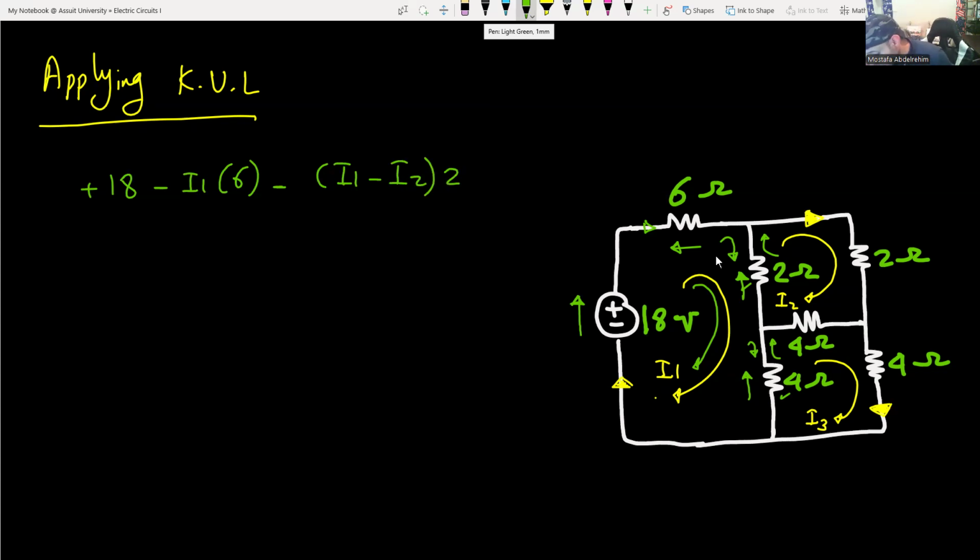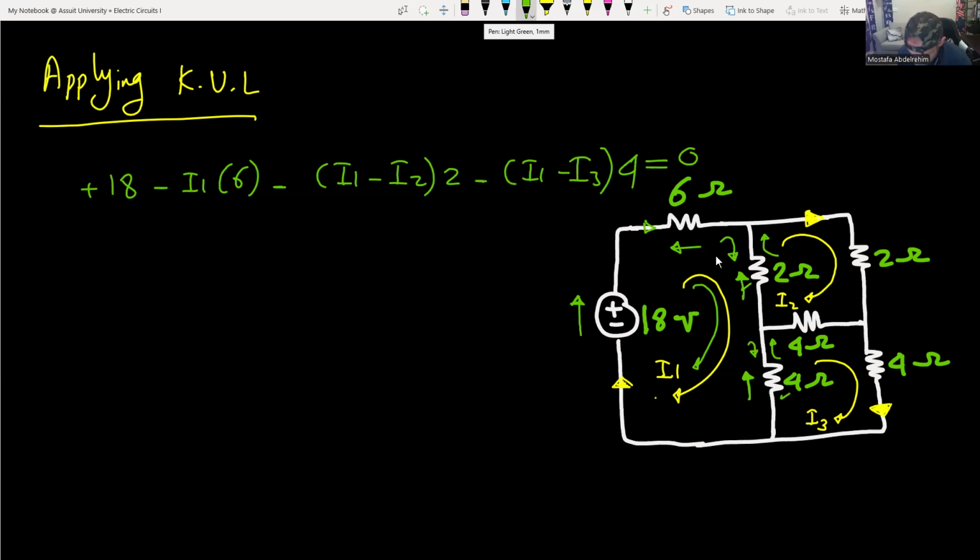Then we go to the 4 ohm resistance. Its current is I1 minus I3, and again its voltage is upside like this, opposite to the direction of the loop. So minus (I1 minus I3) multiplied by 4. All of that is equal to 0.